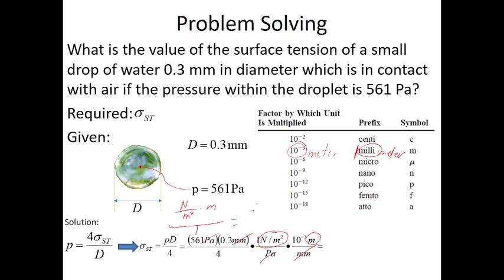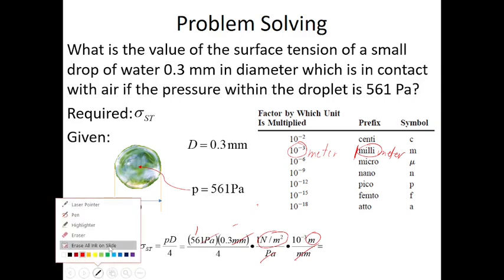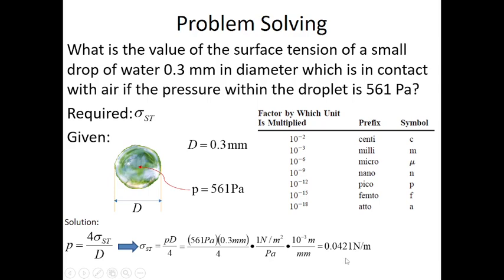So we have now Newton per meter over 1, or simply Newton per meter. So that's the unit of surface tension. Newton per meter is force over length, right? So we have 0.0421 Newton per meter.